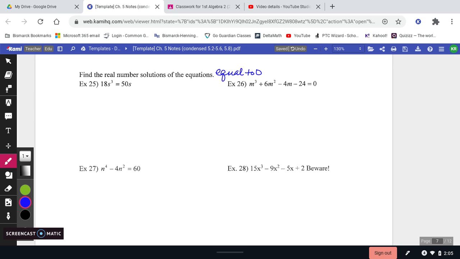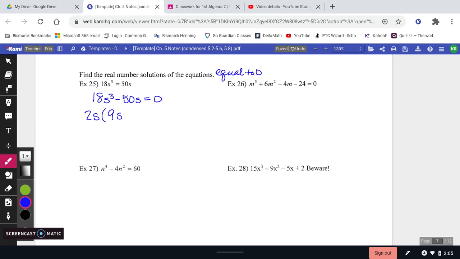So let's do that first. Let's get this equal to 0. So I'm going to move the 50s to the left side. So 18s cubed minus 50s equals 0. Okay, so I can take out an s and a 2. At least I can do that.